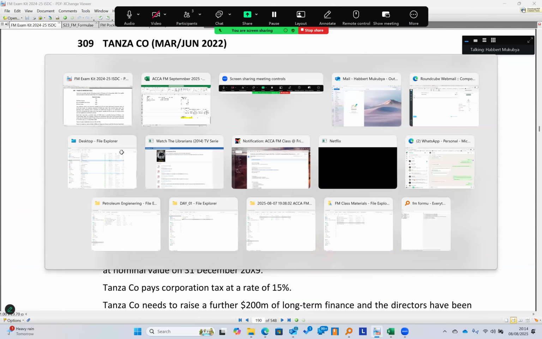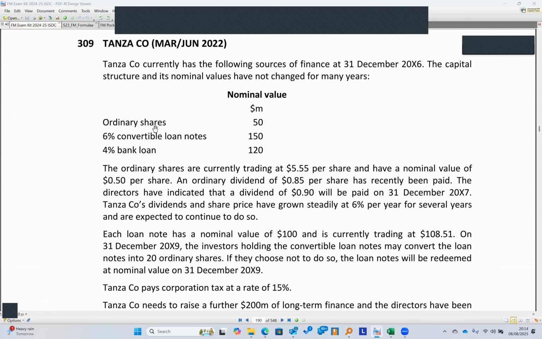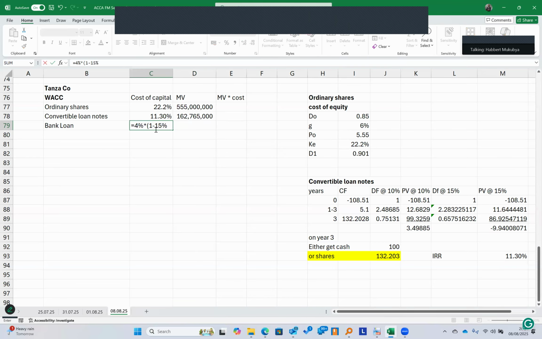So for the cost of capital for the bank loan, it will be 4%, but after tax. So you subtract the tax, which is 15%. Okay, so this is another way. As I said yesterday, you can be given the interest rate for the bank loan. You just do after tax.